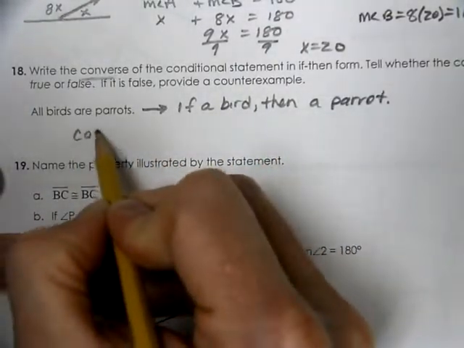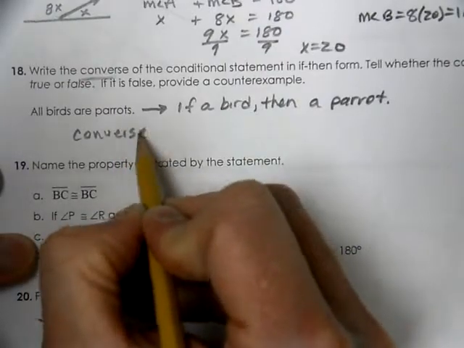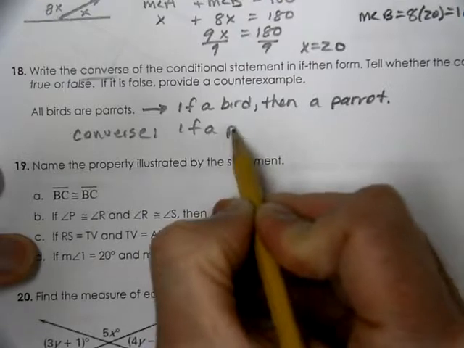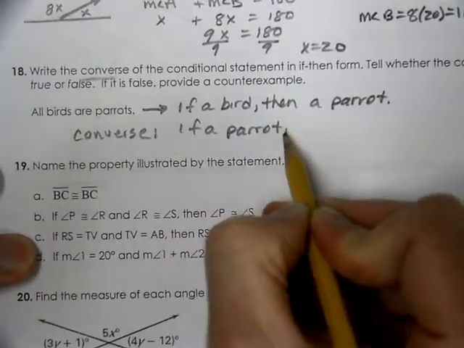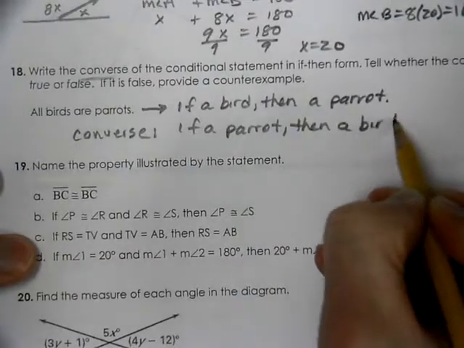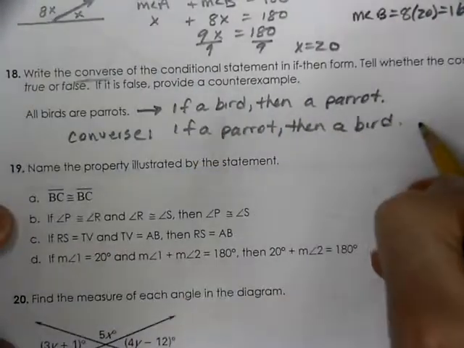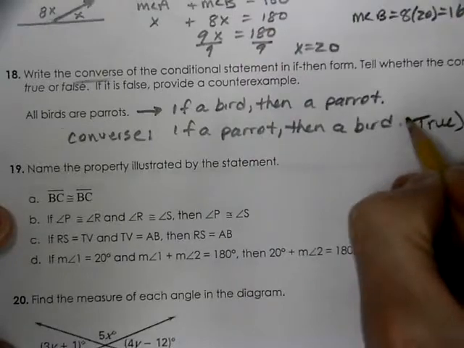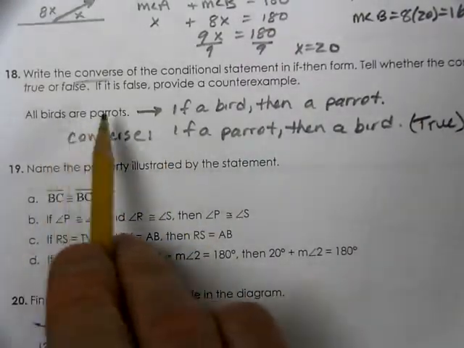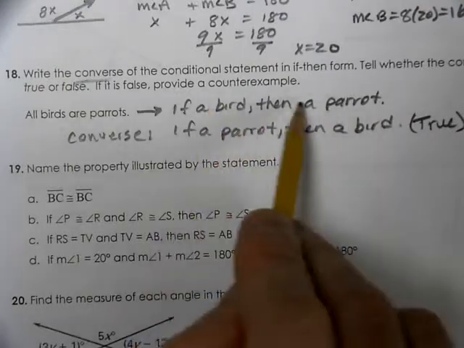But the converse to that, that's what we're actually supposed to write. If a parrot, then a bird. So this is actually true. The converse of this is true, but the original statement would have been false.